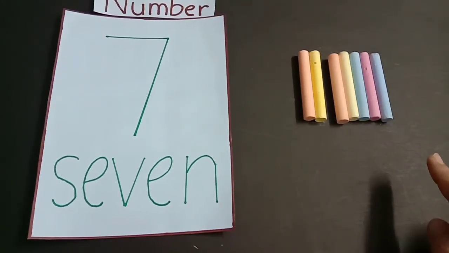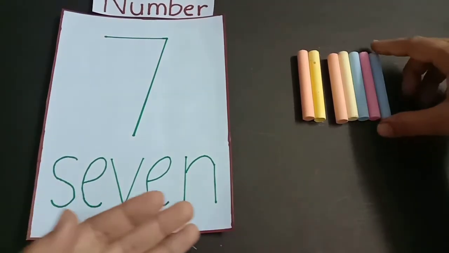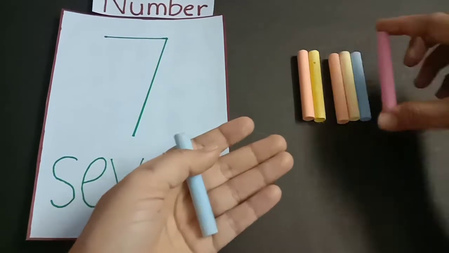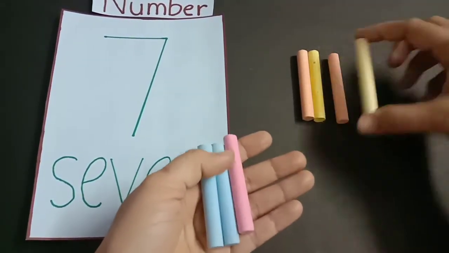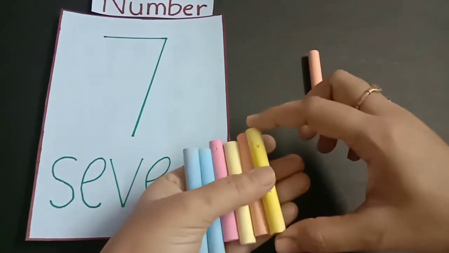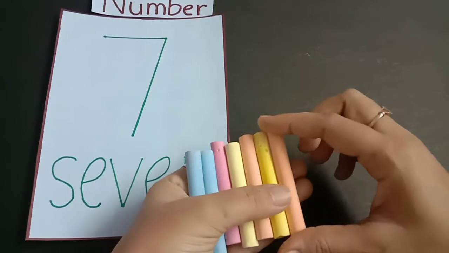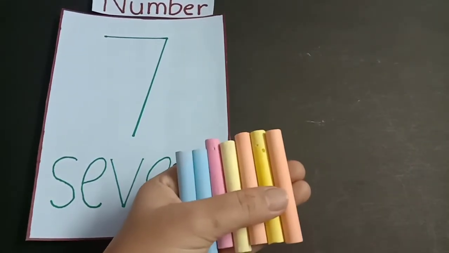These are chalks. So let's start counting chalks. 1, 2, 3, 4, 5, 6, 7. 7 chalks. Now it's time for the activity.